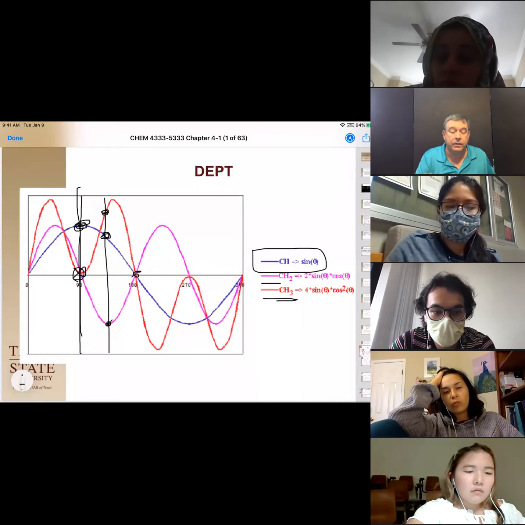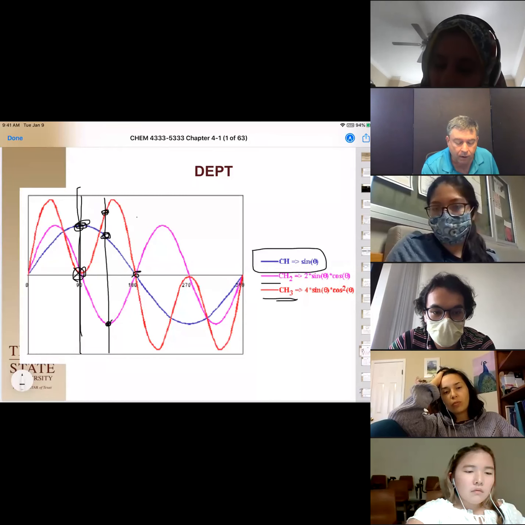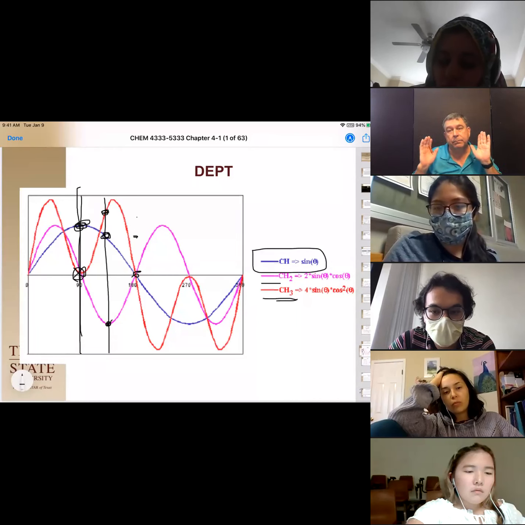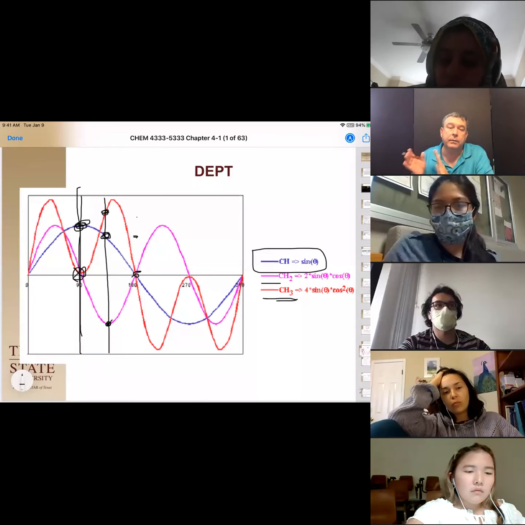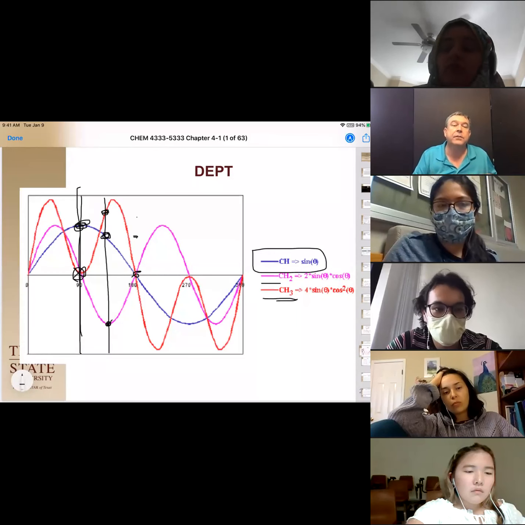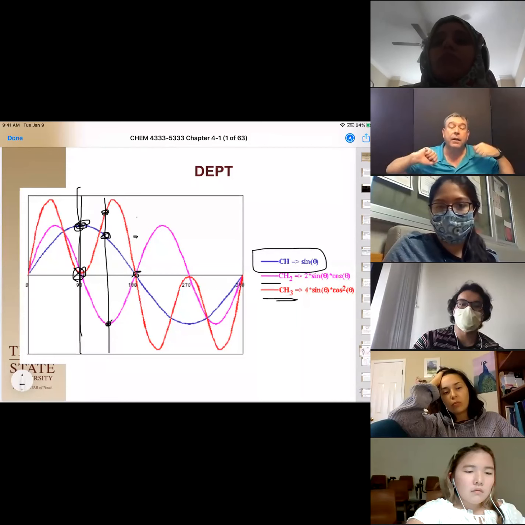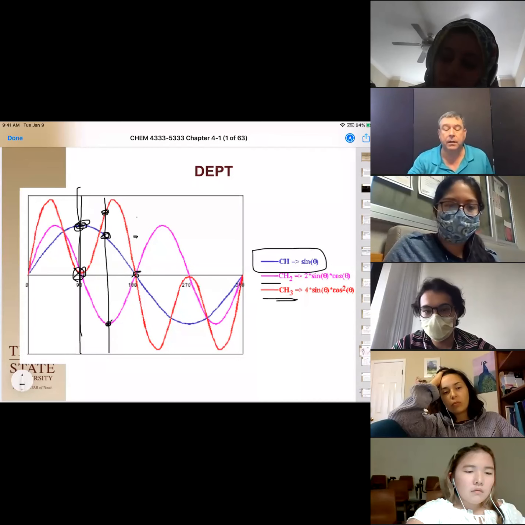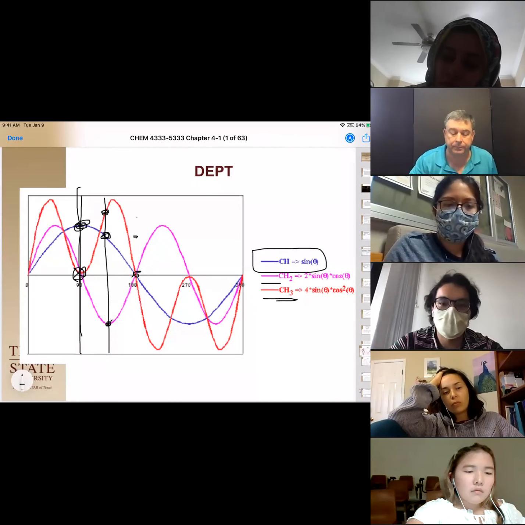In fact, if you did that 180, you might see the carbon with no hydrogens on it come up. Okay, so that's why we take that pulse at different degrees, because it shows you which things have a positive signal, no signal, or a negative signal. And that's how it differentiates it on the DEPT experiment.